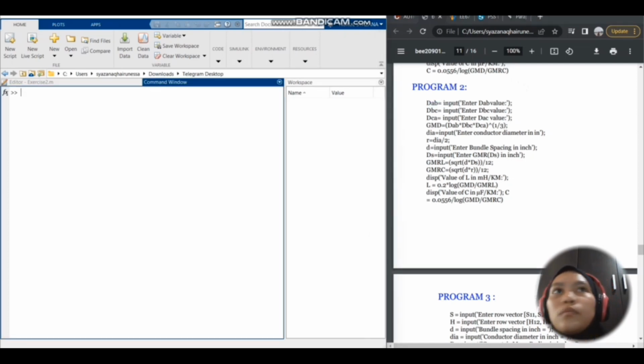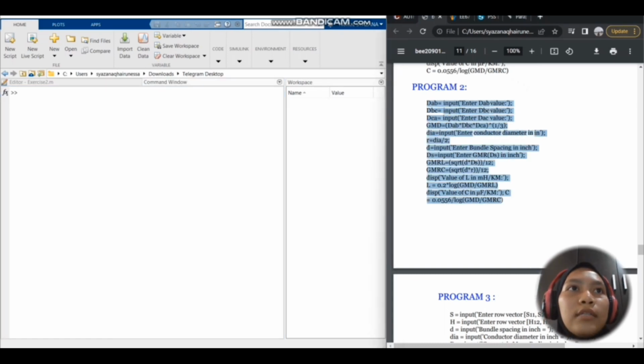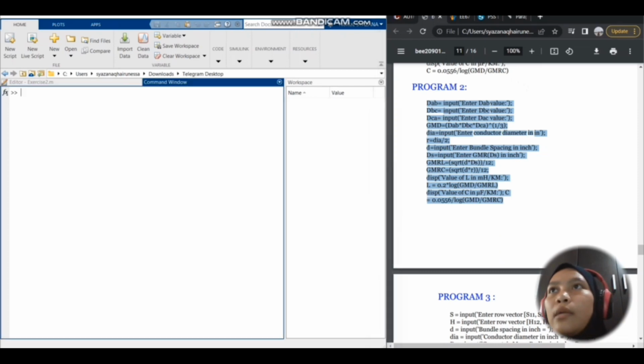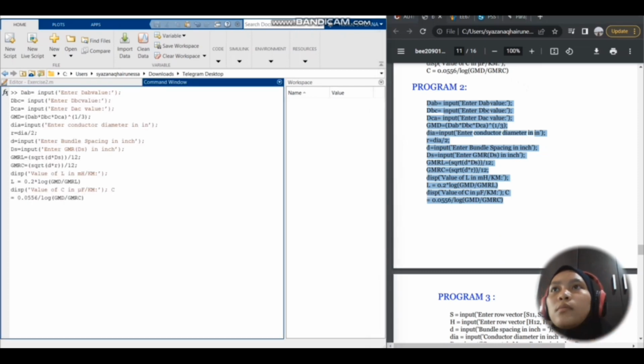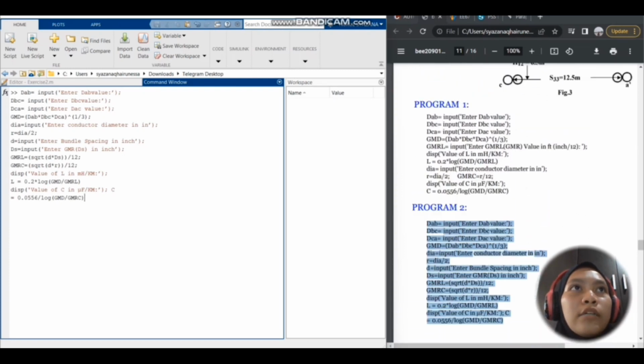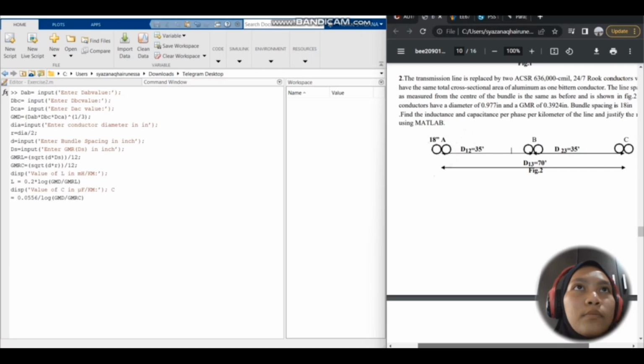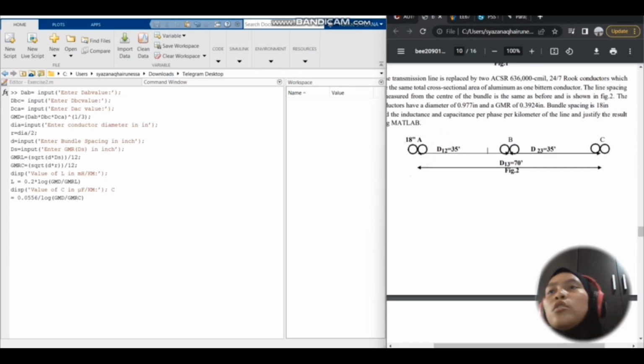For this exercise 2, we need to use this program provided from the lab sheet. The first thing is we need to copy all this programming. And then we need to declare all the values they have provided in the question. So we need to declare the distance from A to B, which is similar to the distance from 1 to 2.